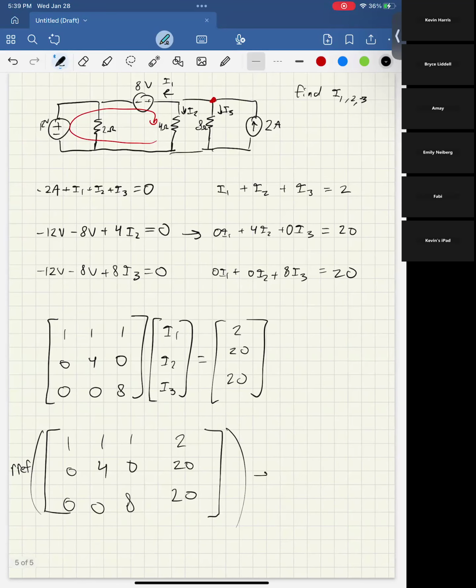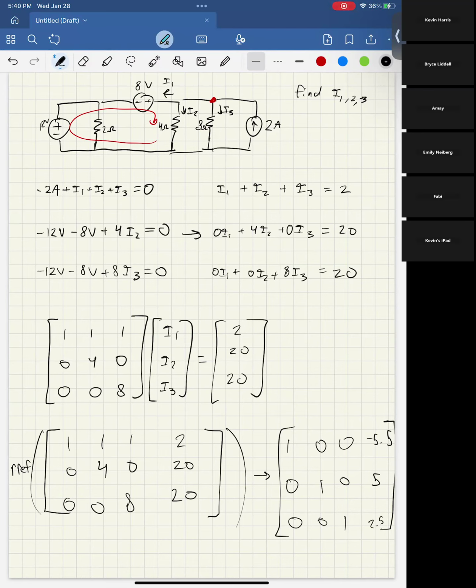What that ends up doing is it will make it into a matrix that looks like this, where this is your coefficient for I1, this is your coefficient for I2, this is your coefficient for I3. And in the last column, you're going to have what will actually get spat out as your answers.